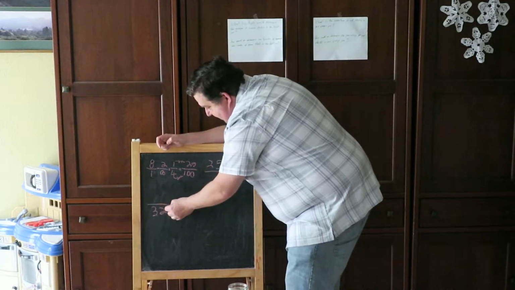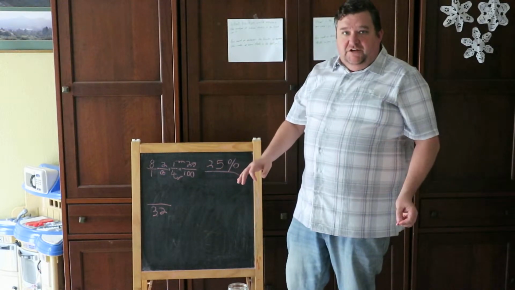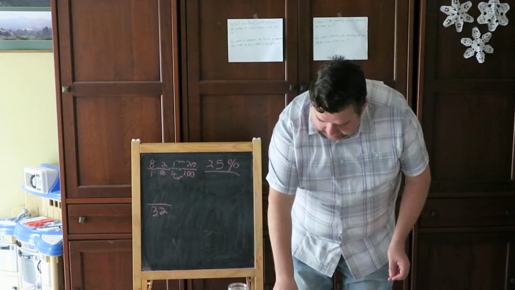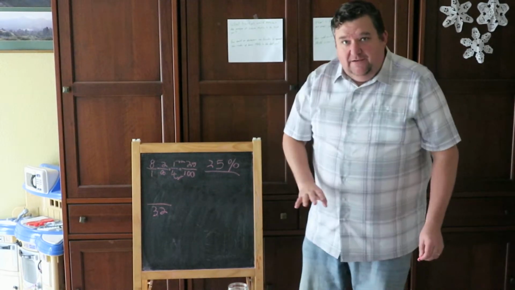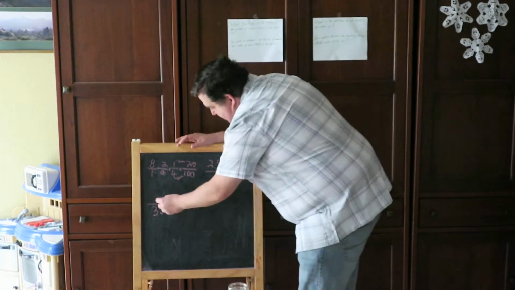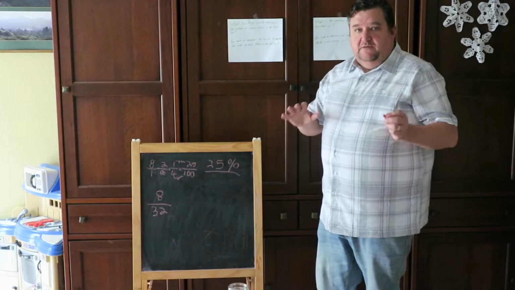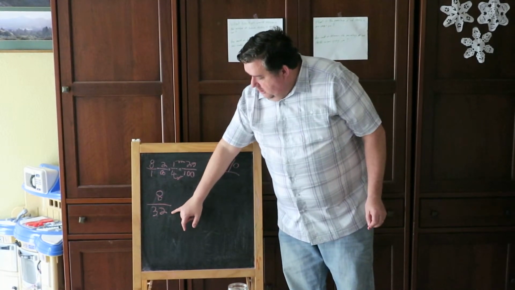So that is our denominator in our fraction. Now the total number of brown M&Ms we have is 8. There are 8 brown M&Ms. So the fraction that represents the brown M&Ms in my jar is 8 over 32.